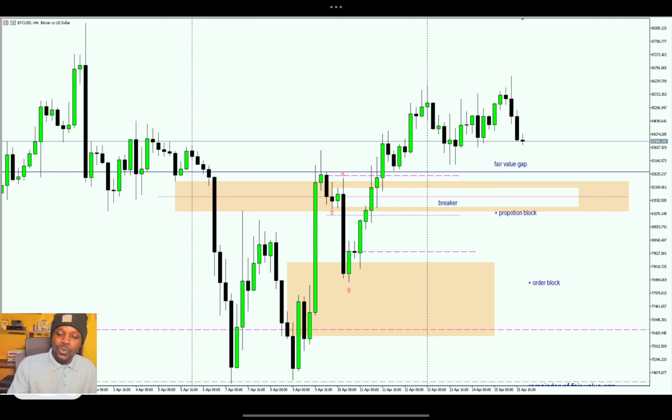So it's a strong area of resistance where I wouldn't want to see price violate, although price can violate with the wicks, especially on the daily, but I would still want to see price retrace back from that level. So all my buy entries will be framed around that level.